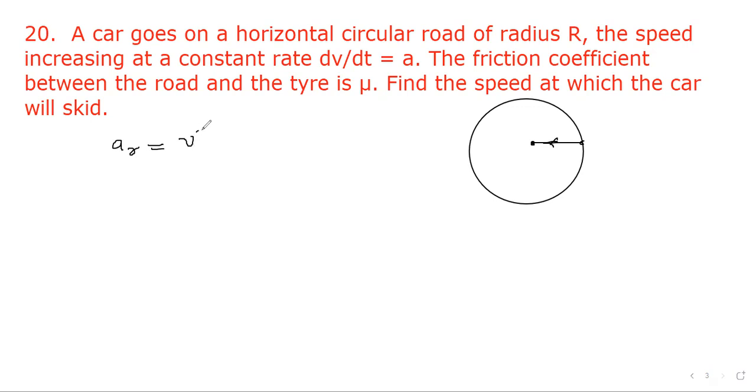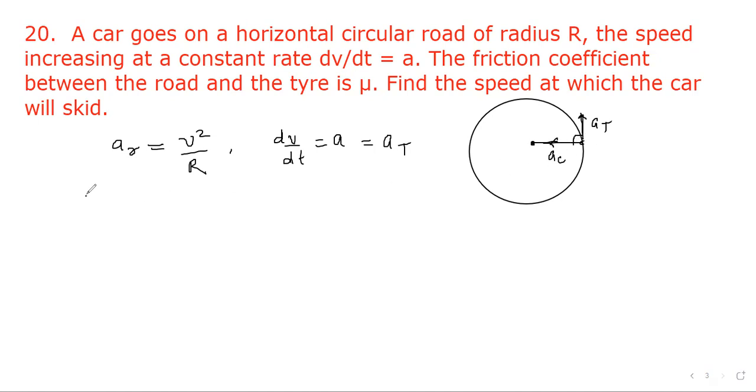So a_r will be v square upon R. And we are given here the tangential acceleration dv upon dt as a, which is a tangential. Now, for total acceleration, the two will be perpendicular to each other. So in this direction it will be a_c or a_r, and in this direction it will be a_t, and the angle will be 90 degrees between the two.